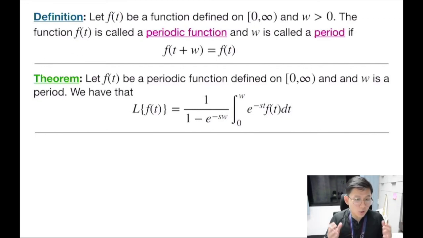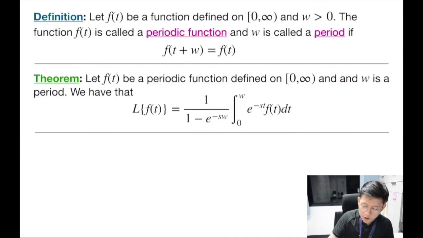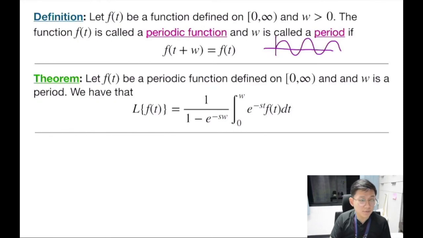Okay, cool. So guys, f(t plus w) is f(t). That is the periodic function. What is a periodic function? It looks pretty much like, for example, sine x. If you see here, 0 here is 2 pi here, and then 4 pi, and so on.